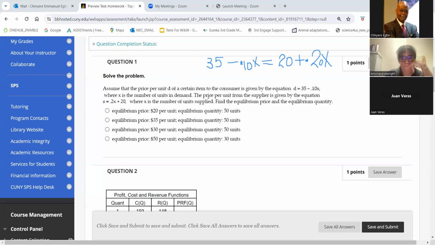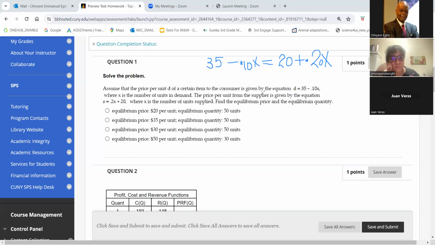Who is demanding? The buyers, am I correct? Yes. So somebody that is demanding is somebody that is buying, right? That's what we call demand in economics. The person that is buying is the person that is demanding, okay?